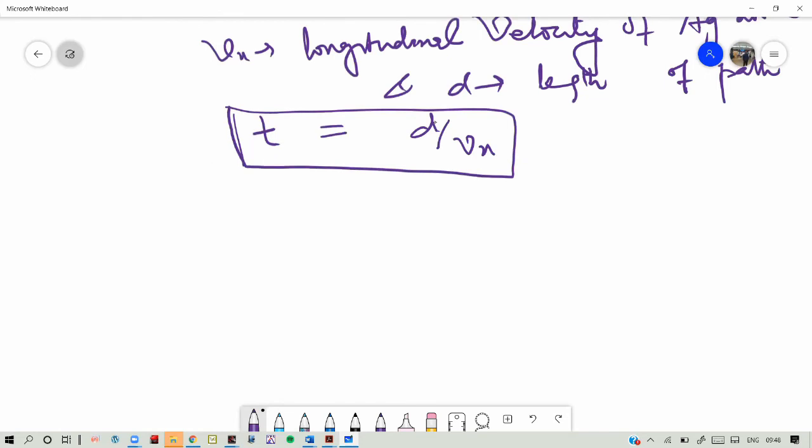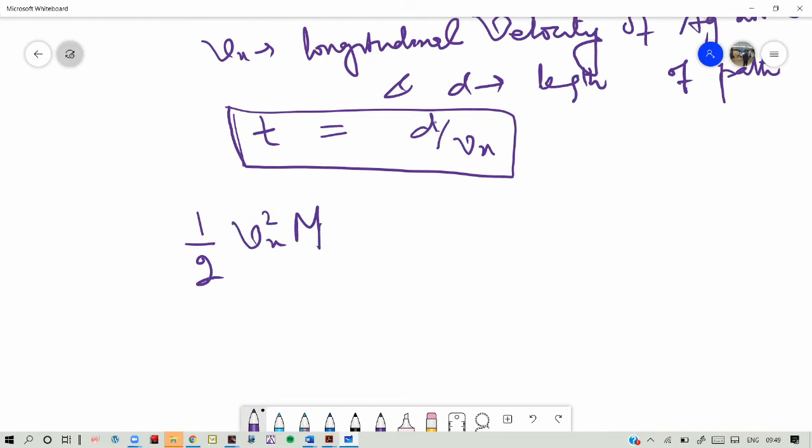Now you know that if we have a particle having velocity Vx and mass m, moving with some energy, it will have a kinetic energy equal to half m Vx square.